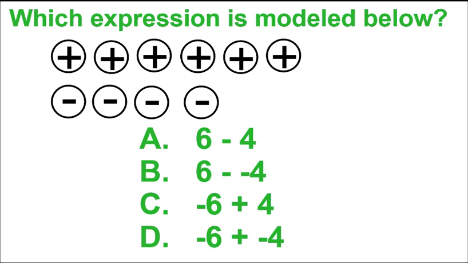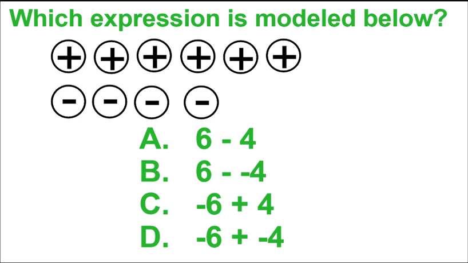There's 6 pluses and 4 minuses for those circles, so you don't have to worry about counting them. We got 6 on top, 4 on the bottom. That doesn't mean necessarily you have that as your expression. I think I got it.